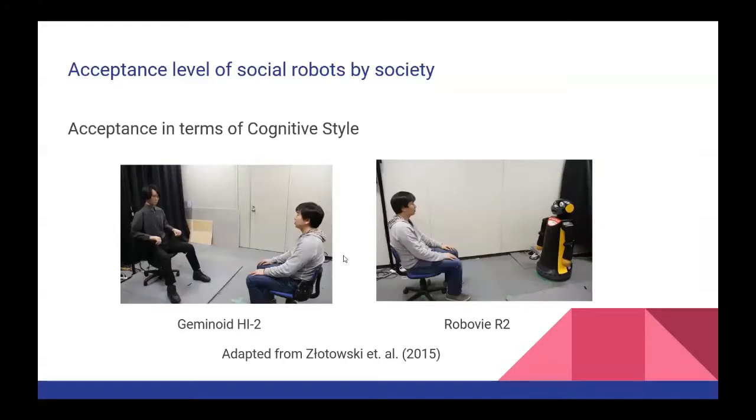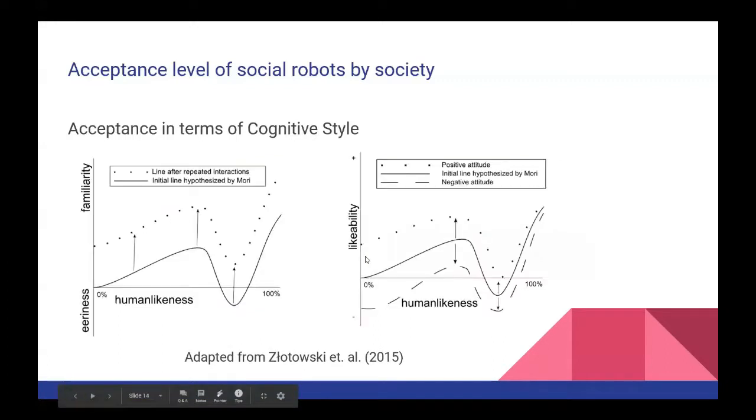We studied this case with Zlowski's research. They used two different robots. One of them is a highly human-like robot. The other one is mechanical. Although their functionality is the same, their attitudes can be programmable. With the attitudes factor and repeated interactions with the robots, we can see the human likeness of the robots doesn't matter.